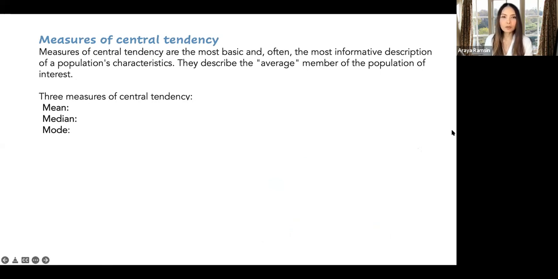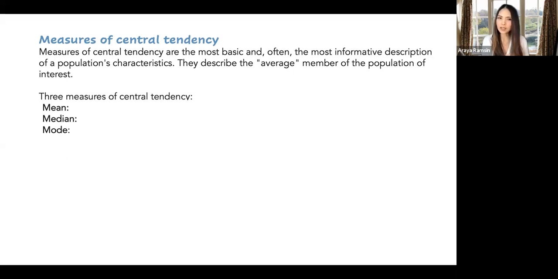Measures of central tendency are the most basic and often the most informative description of a population's characteristics. They describe the average member of the population of interest. There are three measures of central tendency: mean, median, and mode.